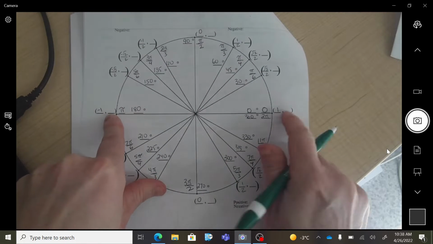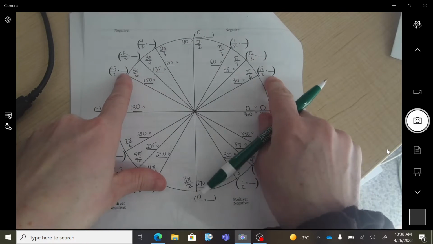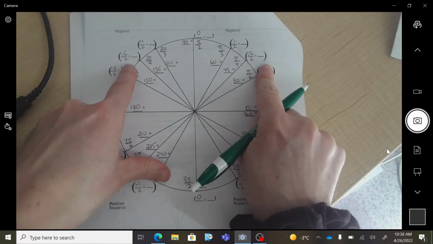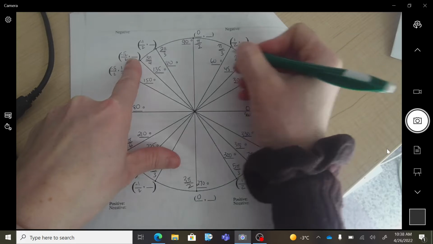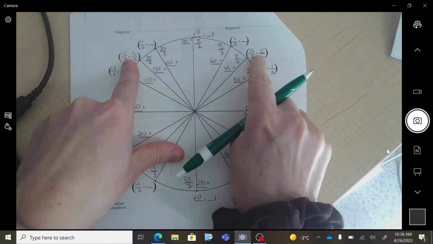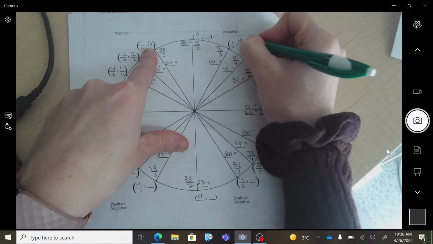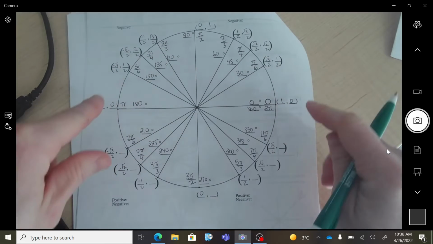So this will be a flat height of 0. Going up, 1/2. From there up, this would be root 2 over 2. Go up, root 3 over 2. Move up, height 1.